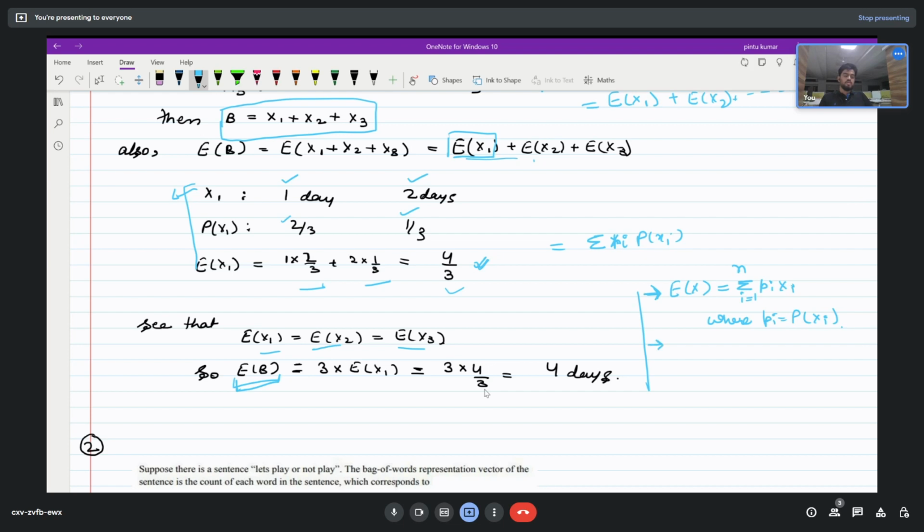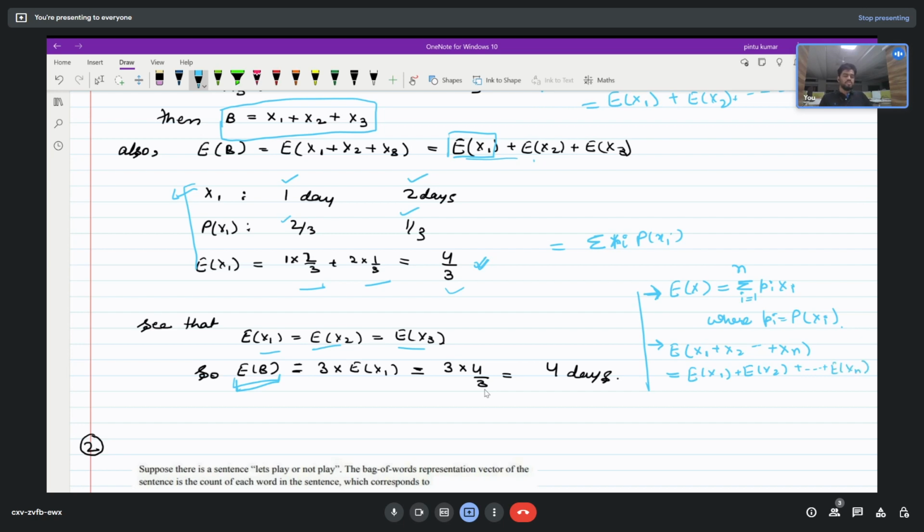Next thing that we saw here is that if x1, x2, and so on to xn are random variables, mind that these need not be independent. Even if these random variables are dependent, expectation follows this property: the expectation of the sum is equal to the expectation of x1 plus the expectation of x2 and so on till the expectation of xn.